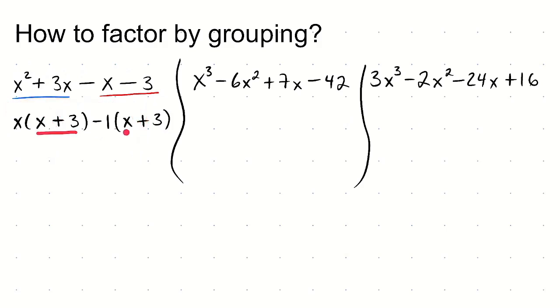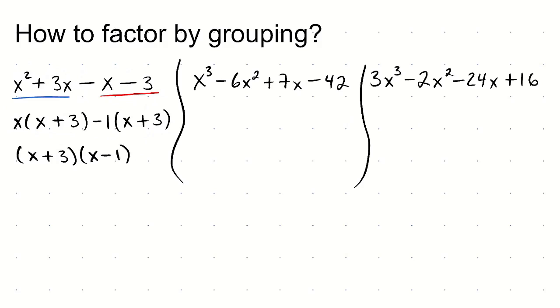We have x plus 3 and x plus 3, so we can take that entire thing and factor it out. So I'm going to put that x plus 3 in front of everything. So I have an x plus 3. And then, since I took out the x plus 3, I have left inside an x and a negative 1. So I'm going to put that in parentheses, an x minus 1.